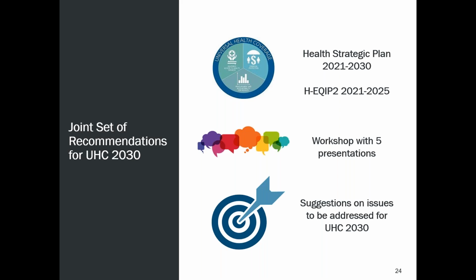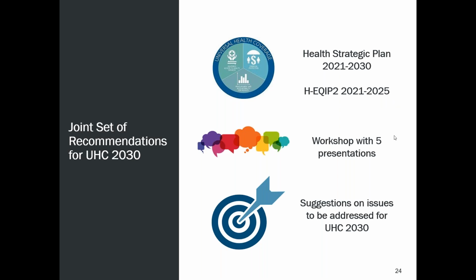They also asked for the input of development partners, their recommendations, on what to do for the coming 5 years, 2021 to 2025. So we organized a workshop with all development partners, all making up the P4HC plus, at which 5 agencies made presentations about their suggestions, their recommendations concerning changes and interventions for the country to reach UHC by 2030.